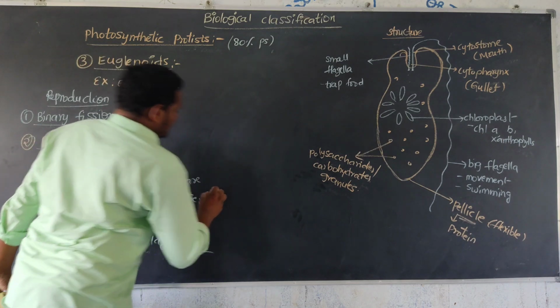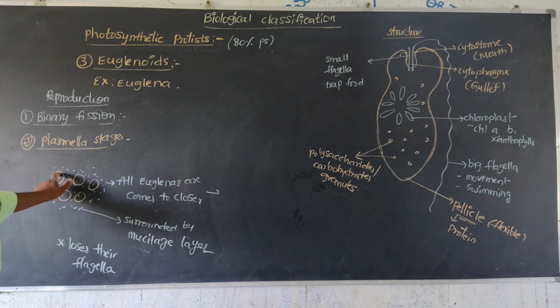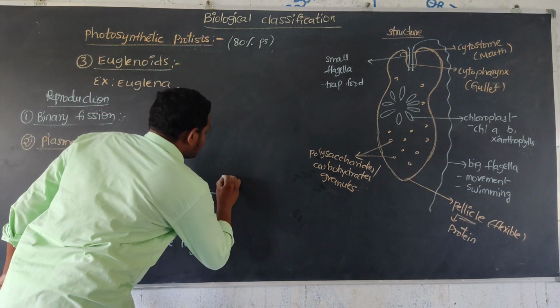When food is available, in favorable conditions, each euglenoid changes into a single Euglena.